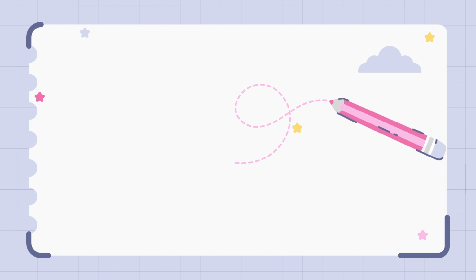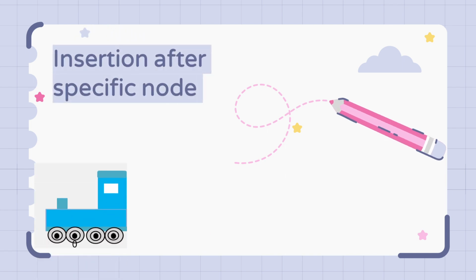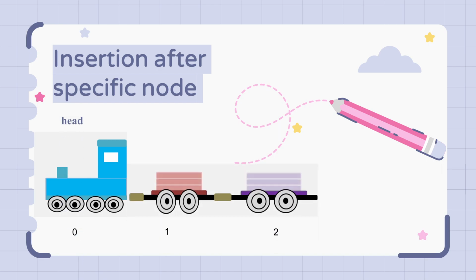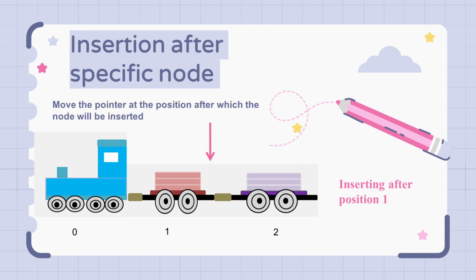Next, we have insertion after a specific node. Consider a singly linked list with three nodes and a head pointer pointing to the first node of the linked list. Now we want to insert the node after position 1. Move the pointer to the position after which the node will be inserted.